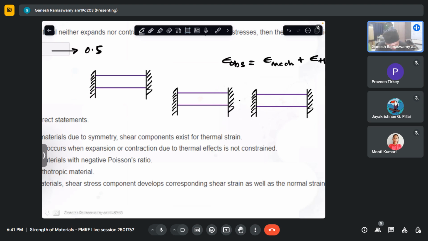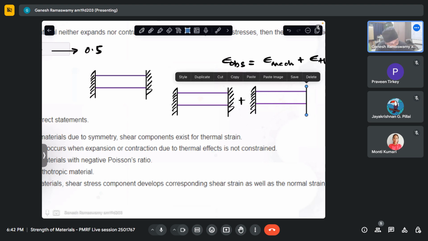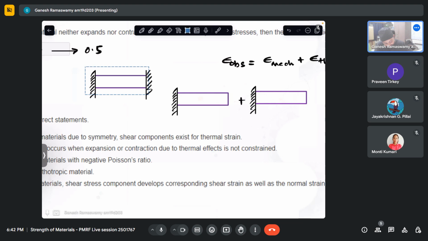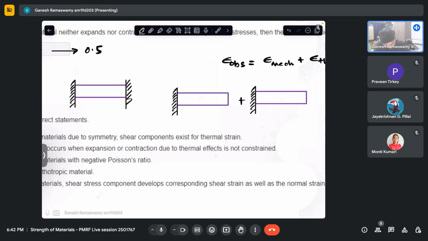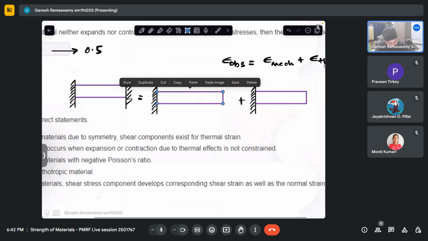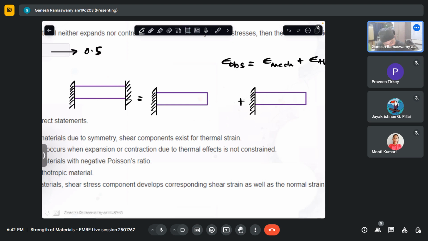This can be broken down as a sum of two actions, where I will remove this support and I'll remove this support, let us say. So when I increase its temperature beyond this, then this would want to increase till that point by itself.